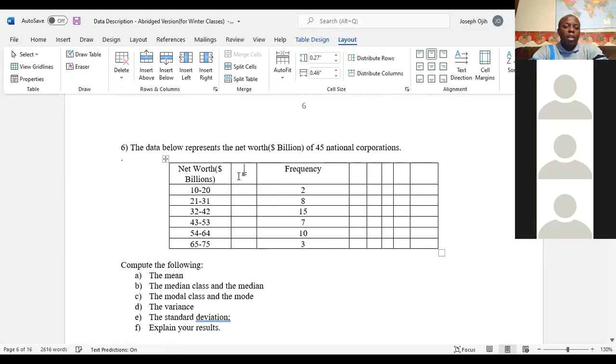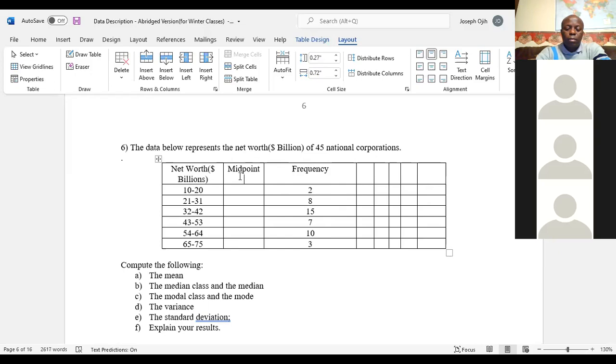Okay, next we get our midpoint. Our midpoint becomes our x. We have our frequency. Our frequency becomes our f.